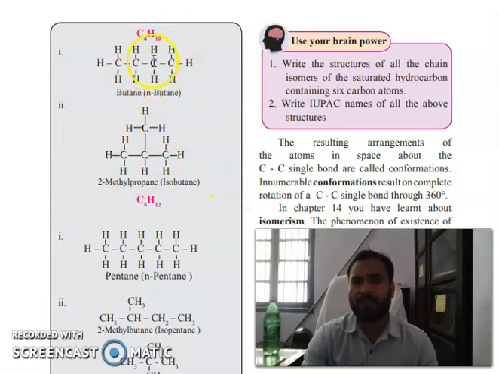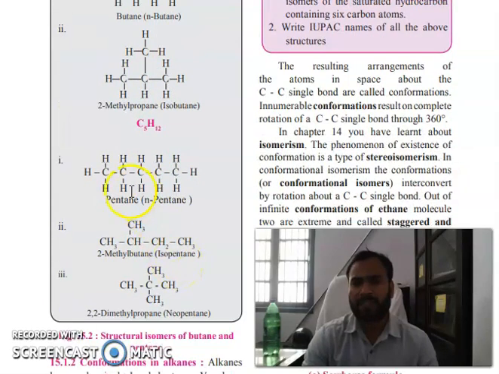And these two compounds have the similar formula. And here is also this compound C5H12, but the name is different. So here you can see 5 carbon, you can write in 3 ways.